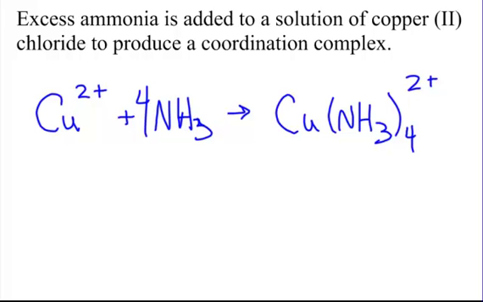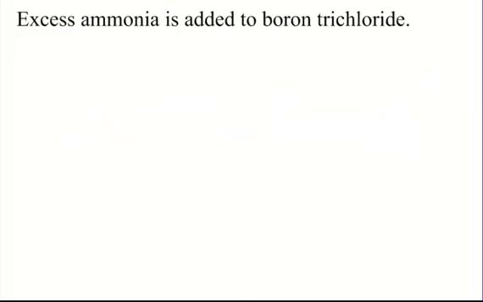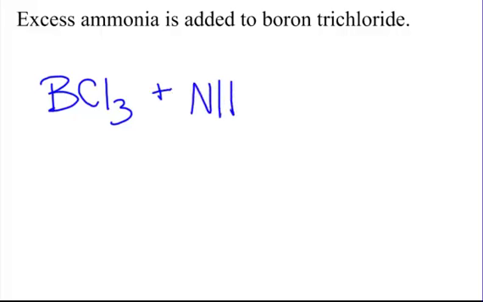They all look very similar, so just do them the exact same way. Another very famous reaction is when we take excess ammonia and add it to boron trichloride, or sometimes boron trifluoride. I have BCl3, boron trichloride, our Lewis acid, and we add our ligand, our Lewis base, NH3.